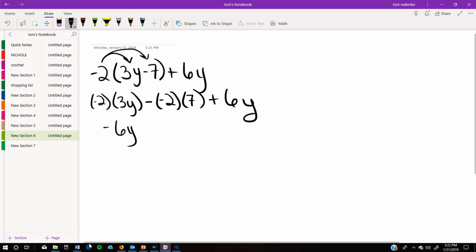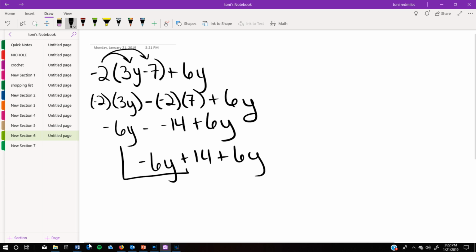All right, so a -2 times a 7 is a -14. Two negatives make a +14. My like terms are a negative 6y and a positive 6y. Oh no, a negative and a positive. So let's see what happens with that.